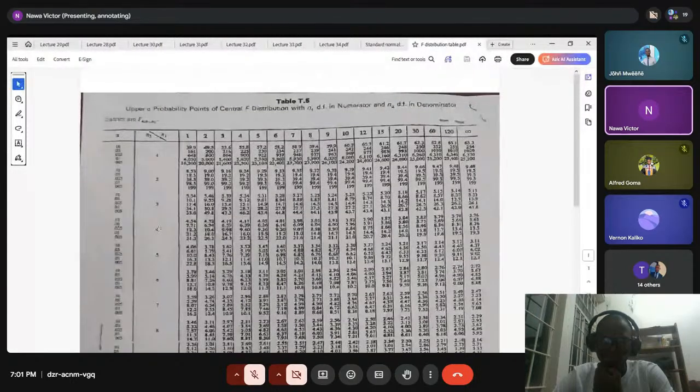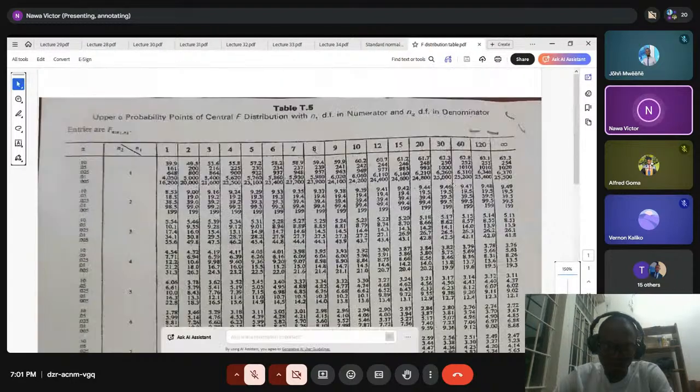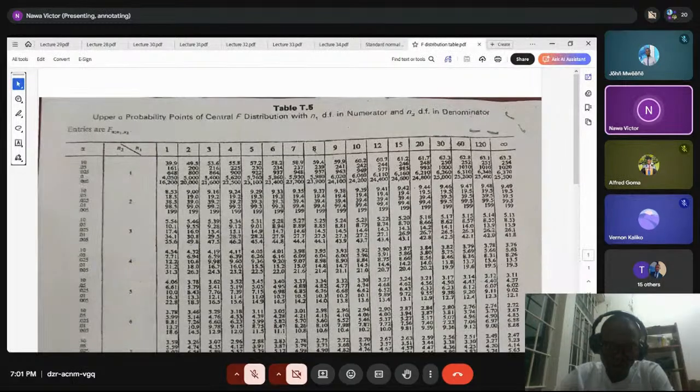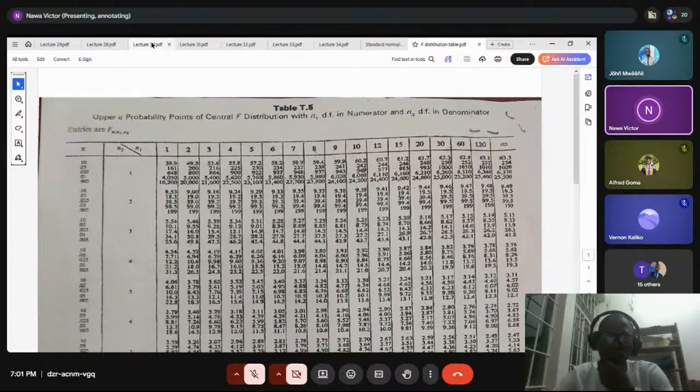And what this table does is it has put the upper tail probabilities here. So there is 0.1, then 0.05, 0.025, and they are getting smaller. So that is the F table there.